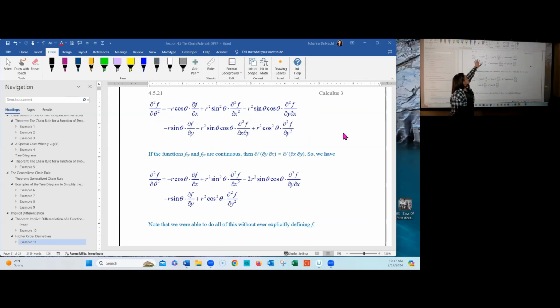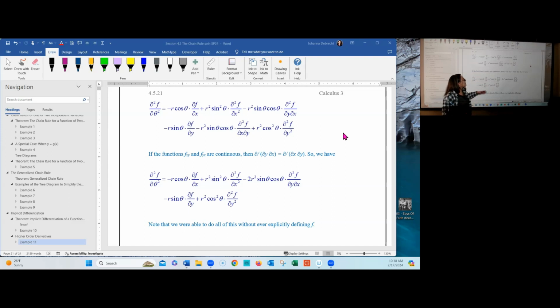Once we get to this point and we've simplified and multiplied out all of our common factors, note that if the mixed partials are in fact continuous, then they must be equivalent to each other. That would make this second derivative, first with respect to y, then with respect to x, and this second partial derivative, first with respect to x and then with respect to y, the same value.